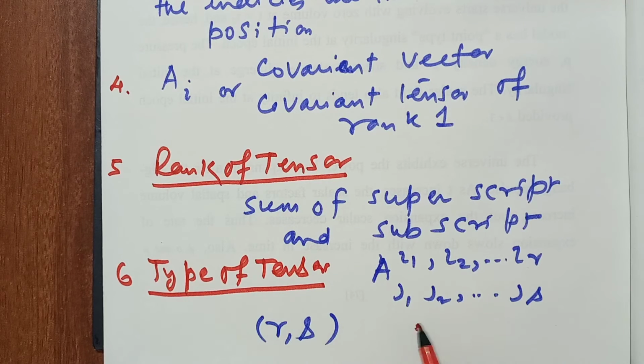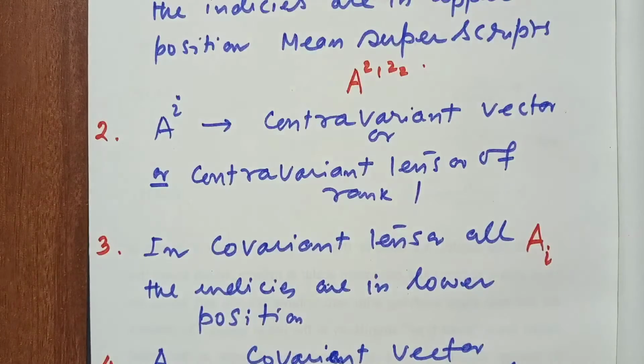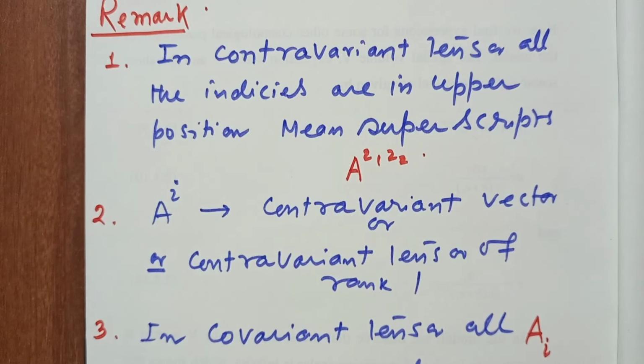If we add R plus S, this is the rank. Okay, these are some important remarks on contravariant and covariant tensors.